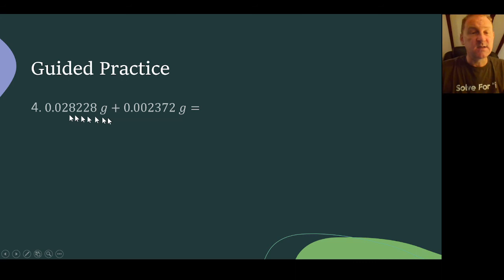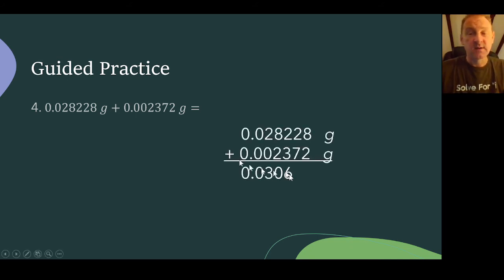Let's add these 2 values together. And when you're adding and subtracting, we're going to go to the column that has the significant figures in common with each other. So when we put these 2 together, they actually go to the same column. However, 8 plus 2 is 0, and then we carry the 1, and then we've got 1 plus 2 plus 7 is 0.